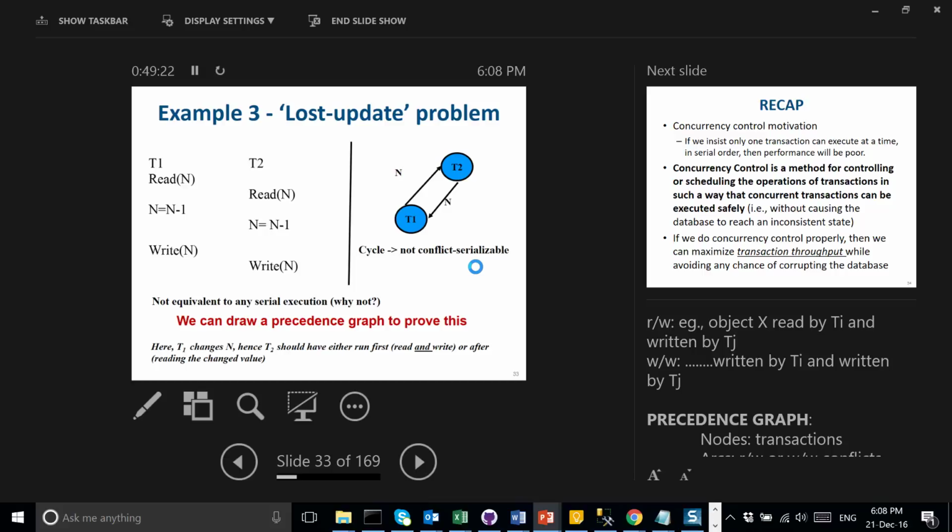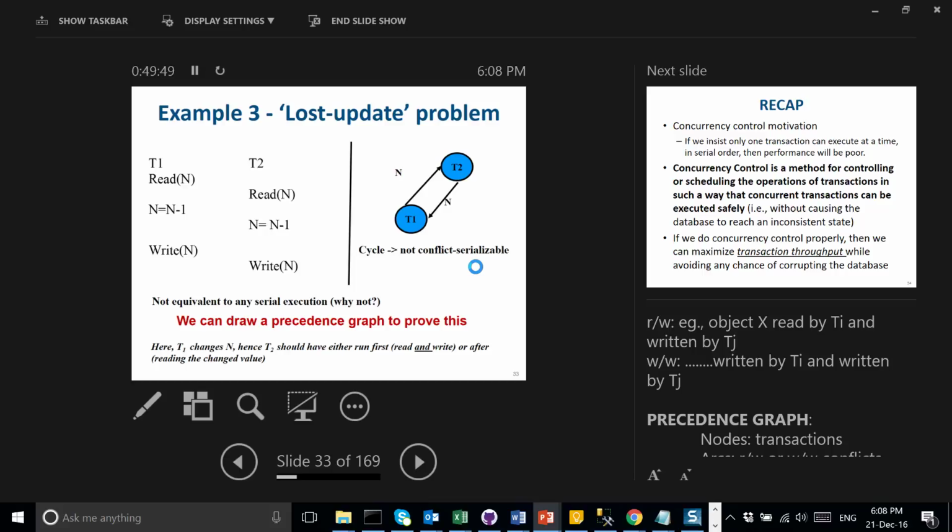And then this one goes ahead and updates, and of course this update will override the other one. So if you allow this schedule to go ahead, what will happen? A lost update. So this will not be allowed. And locking will not allow this to happen. If we use a locking mechanism, this will not happen.